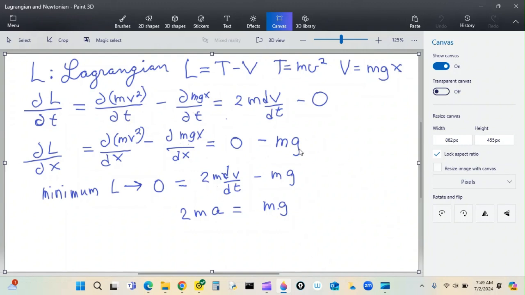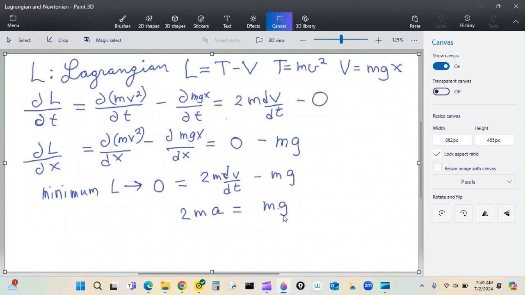Now let's put all this stuff together. The minimum of L is going to be the minimum of the kinetic energy minus the minimum of the potential energy. And then we get 2 times ma equals mg.